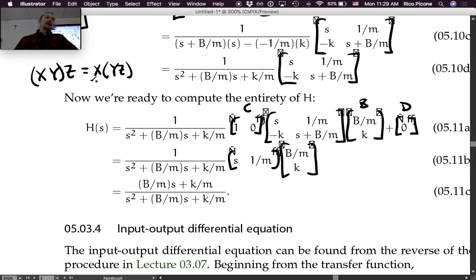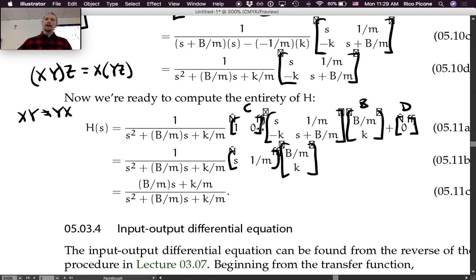However, you cannot switch the orientation of these. So for instance, X, Y is not in general equal to Y, X. So you can't just flip them in that sense. You can compute the products in any order, but you can't switch the order of the matrices.